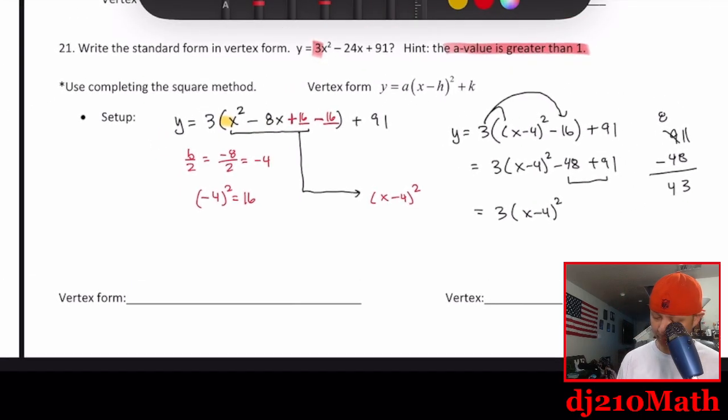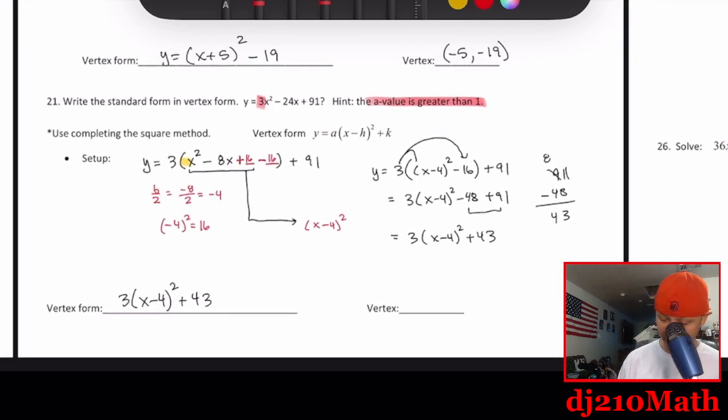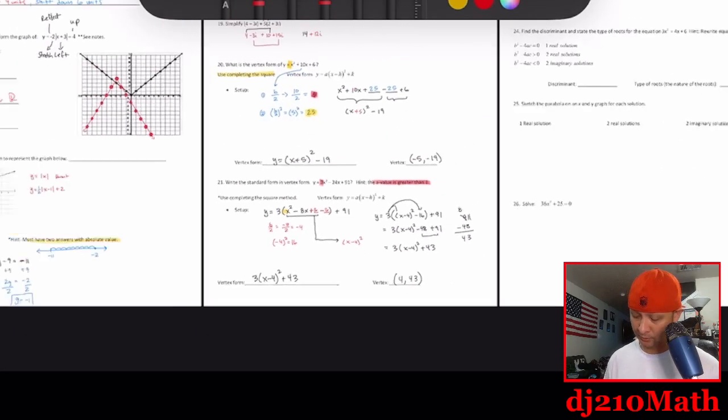Vertex form, I just wrote it. There's the vertex form. The vertex we can extract from this is going to be 4, 43, right? Inside flips, and then the outside is what it is.